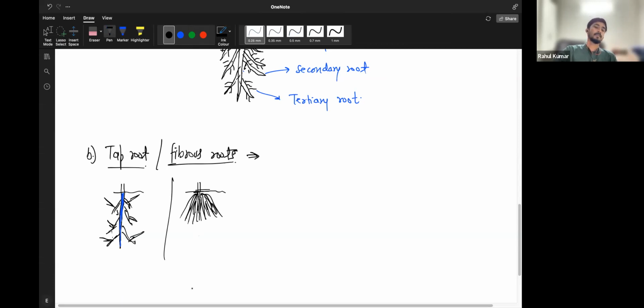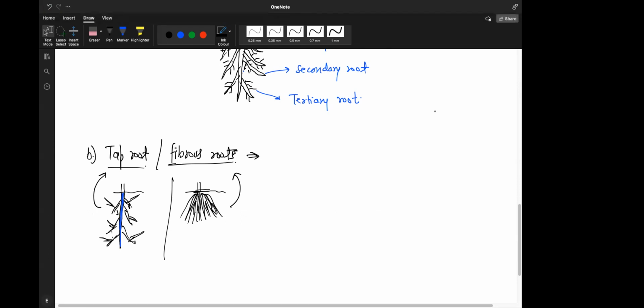Now you cannot differentiate which is the primary root. Make sense? Am I audible?